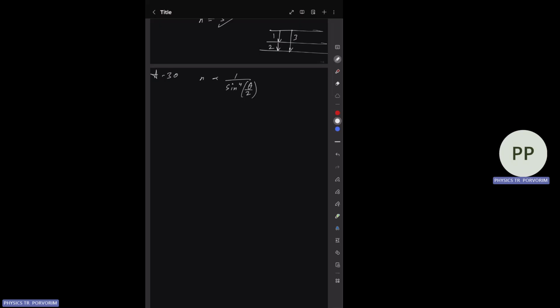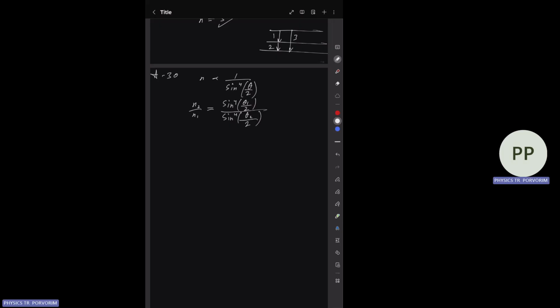So n2 by n1 is equal to sine to the power 4 of theta 1 by 2 divided by sine to the power 4 of theta 2 by 2.